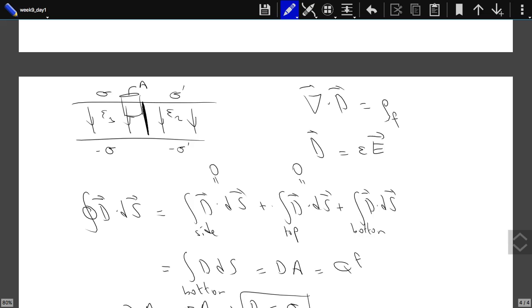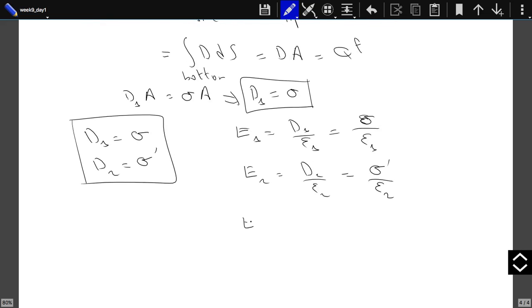On the other side, it is E2, and both of them are parallel to my surface. So E1 should be equal to E2. This gives me one relation between the sigmas. If I know the total charge, that would give me another relation between the sigmas, so I can determine what the sigmas are.